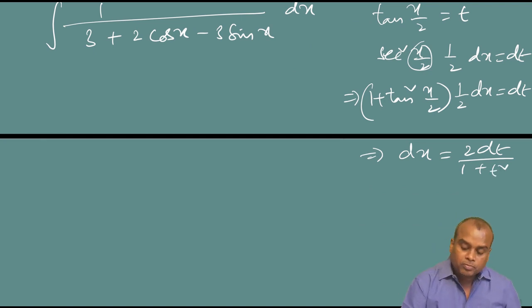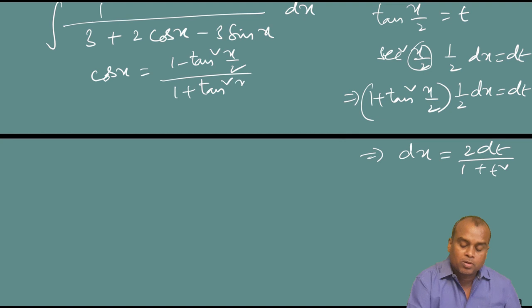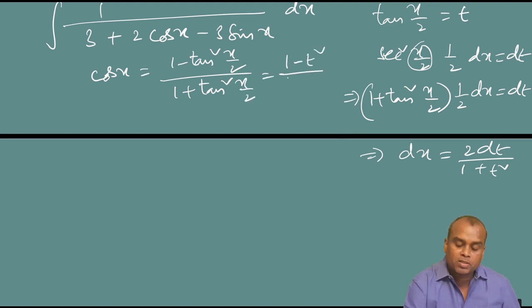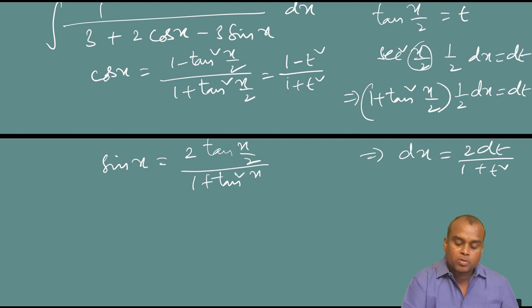And we know these things. Cos x is nothing but 1 minus tan square x by 2 by 1 plus tan square x by 2. So under this substitution it turns to 1 minus t square by 1 plus t square, and we know that sin x is nothing but 2 tan x by 2 by 1 plus tan square x by 2.